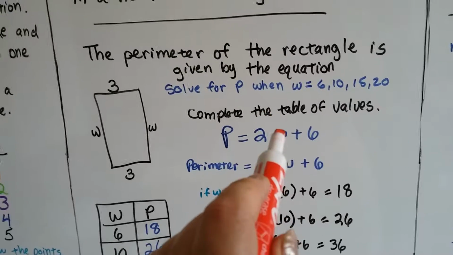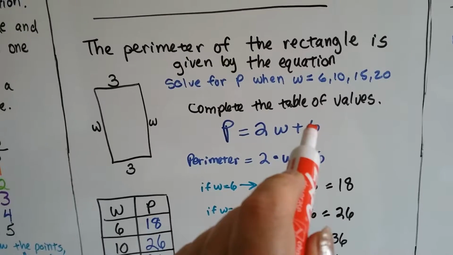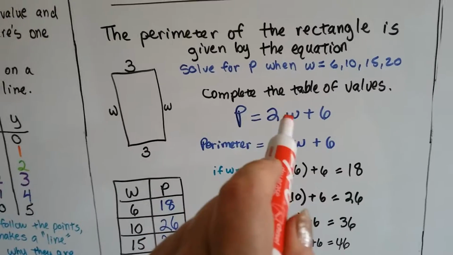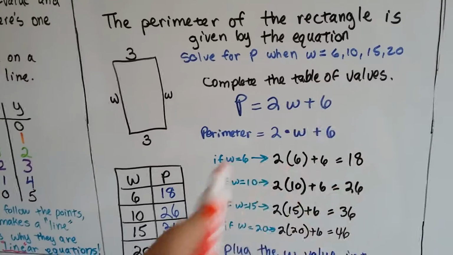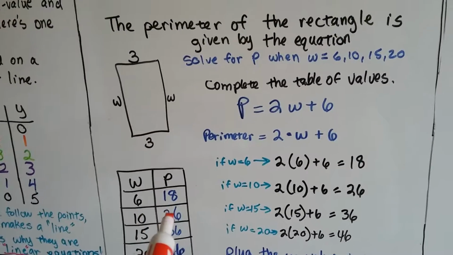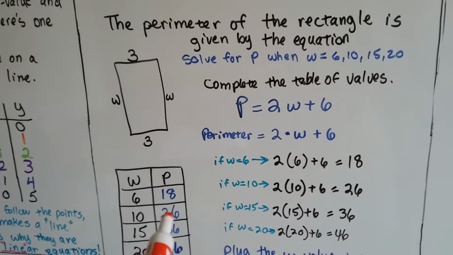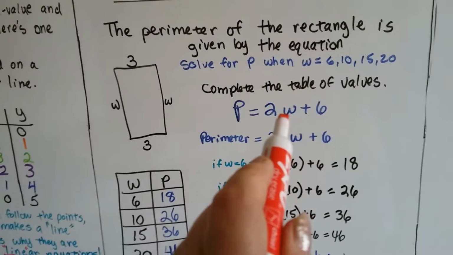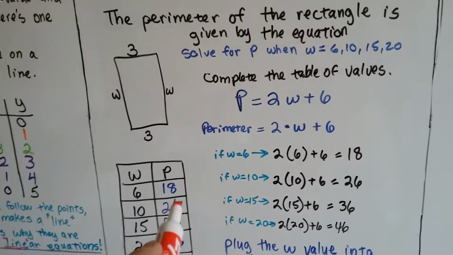Well, 2 times 6 is 12, plus 6 is 18, so that one would be 18, see? And if w were 10, then what would the solution be? P would equal 26, because 2 times 10 is 20, plus the 6 would be 26.